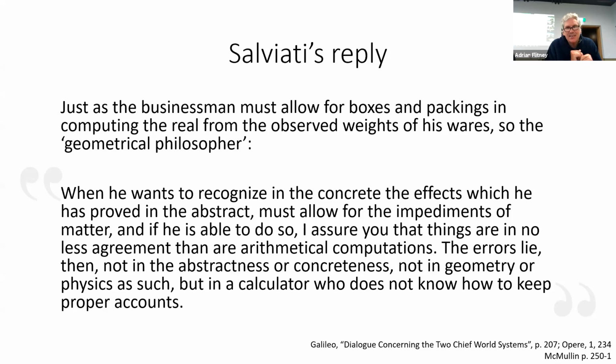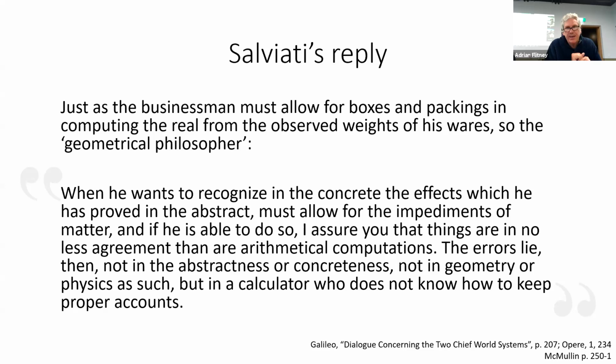So even if things aren't a perfect sphere, there'll be some shape. Even though the ball isn't a perfect sphere, it'll be some shape. So geometry will still apply to it, even though it's a concrete thing. That's what I think he's saying there.